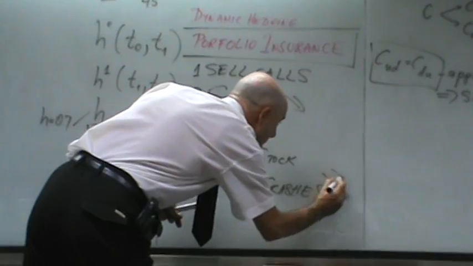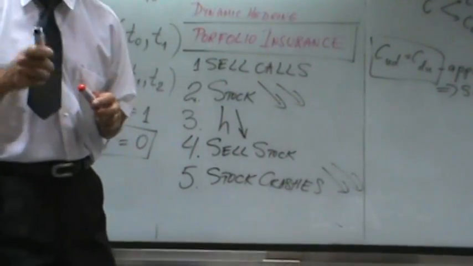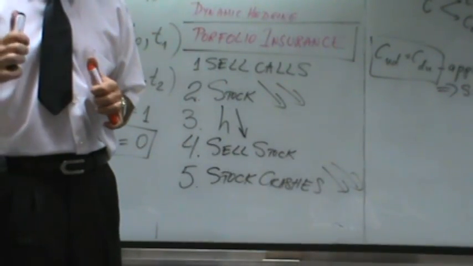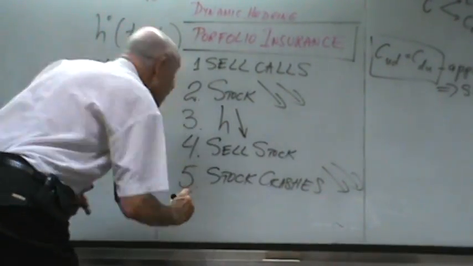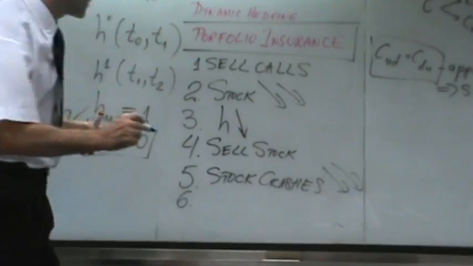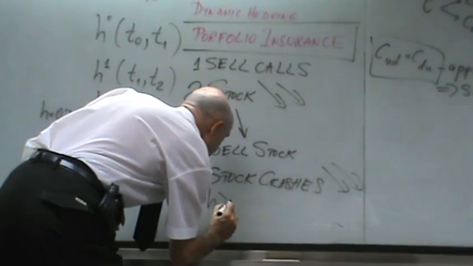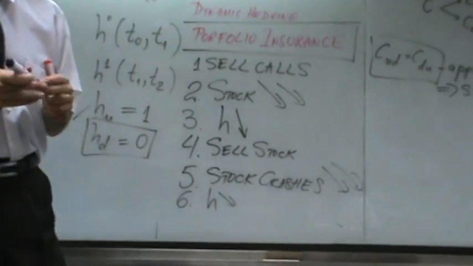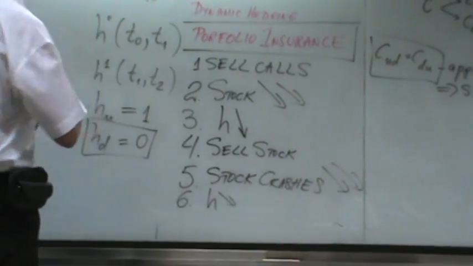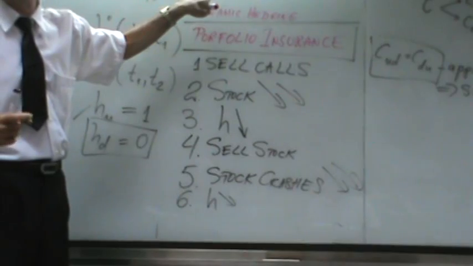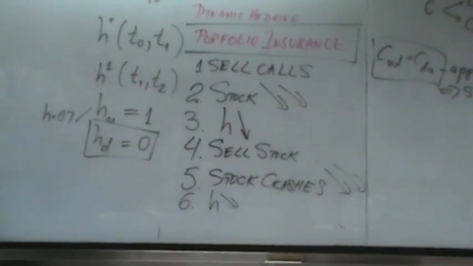In other words, stock goes down a lot. And when the stock goes down a lot, what's your response? Lower H. This example is not very good, and I'll show you why.